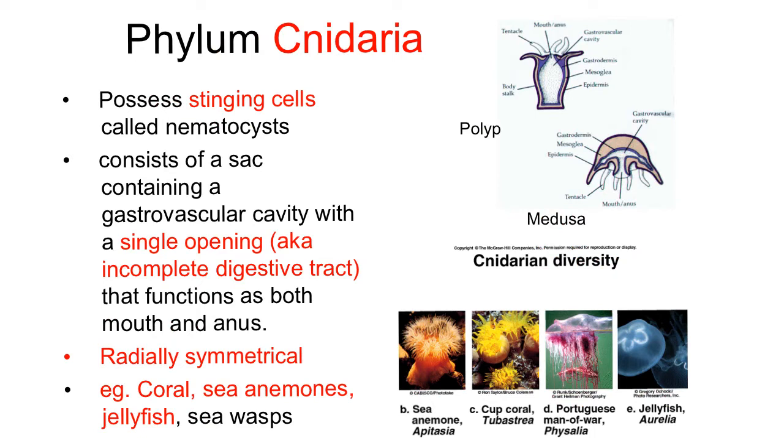Now, not that it's an important detail, but I do see a bit of a typo on this slide. The stinging cells are actually called cnidocytes, and within the cnidocytes, we have nematocysts, which are sort of the structure inside that allows the cell to be a stinging cell.